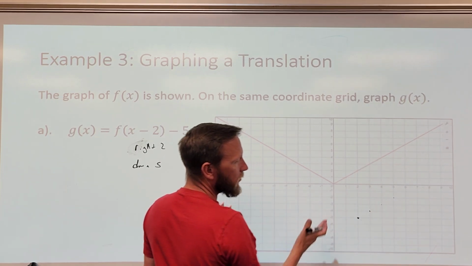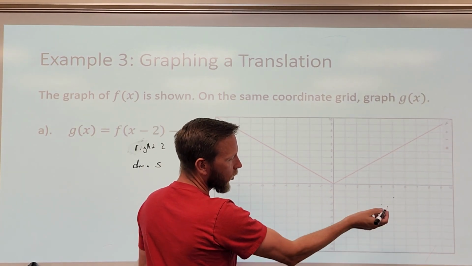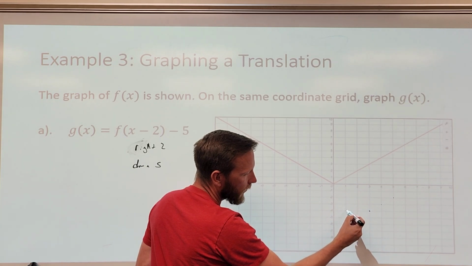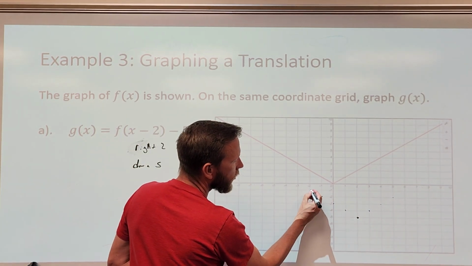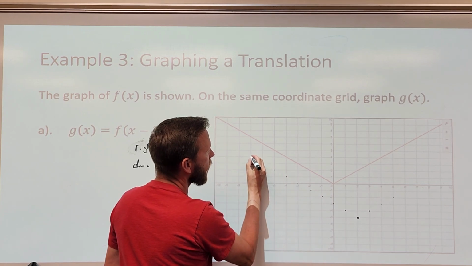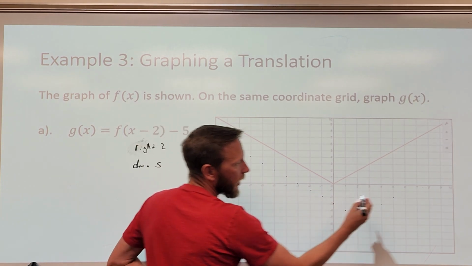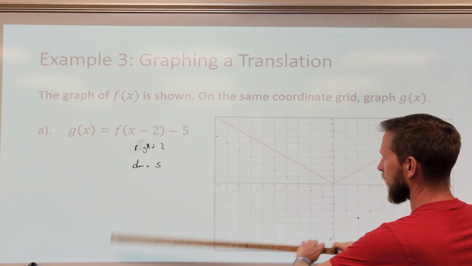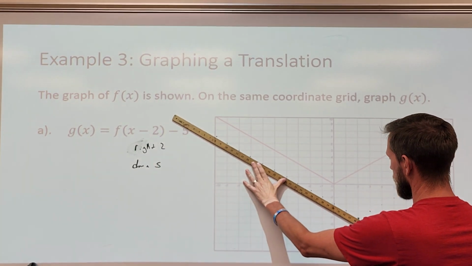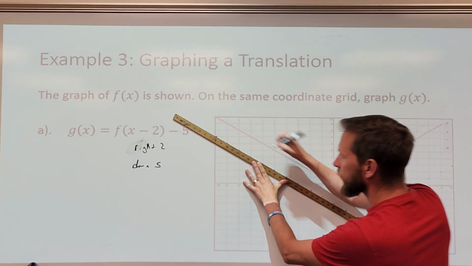And it's going to be the same picture, it's just moved over 2, down 5. All right? So we can sort of predict where all of these points are going to fall so that we can connect our dots and draw our graph. Sorry that this window is a little stretched on us. These are like rectangles instead of squares, so it just looks a little funny.